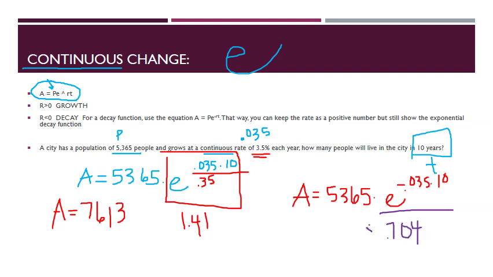And then again, the last step is to multiply by your principal. So I'm going to multiply that times 5,365, and I am getting a new amount of 3,780 would be the population if it went down instead of going up.